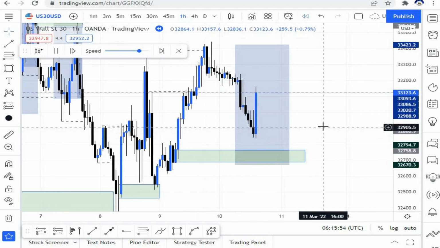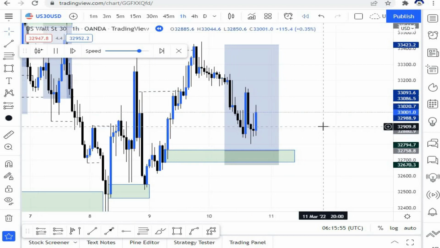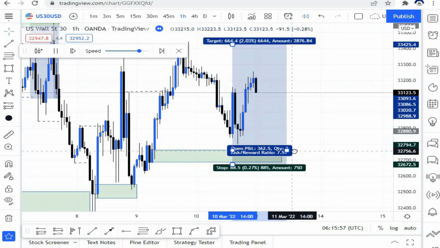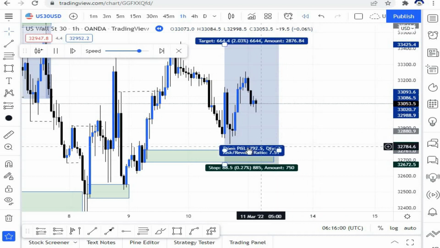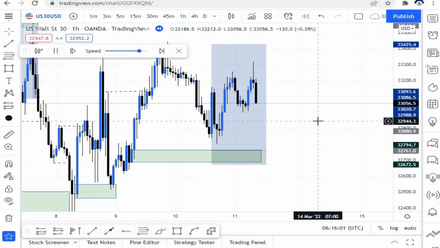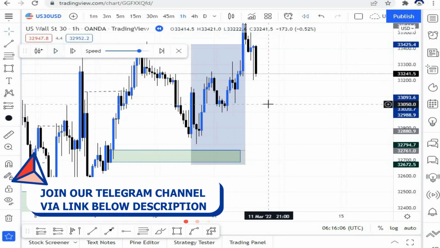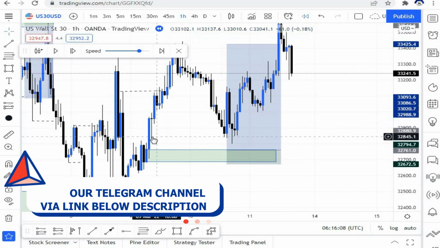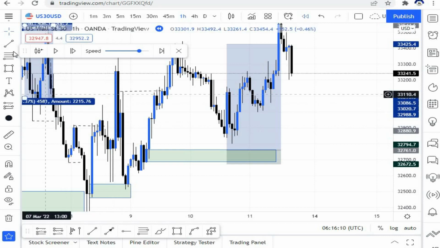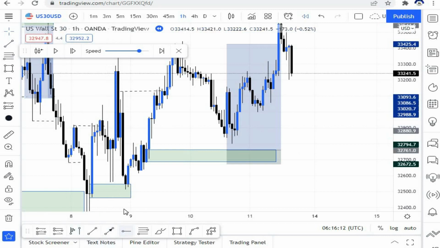As you can see, price coming back. Oh, price came back, but they failed to come into our entry zone area. As you can see, they just came and filled this fair value gap right here.